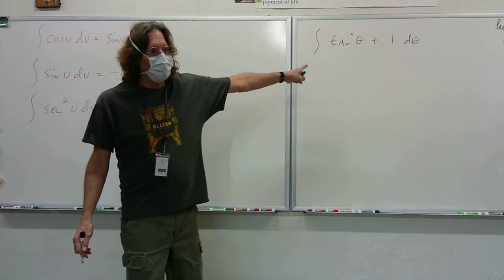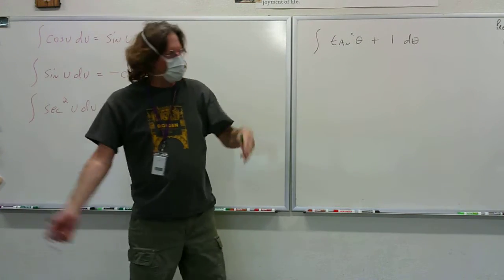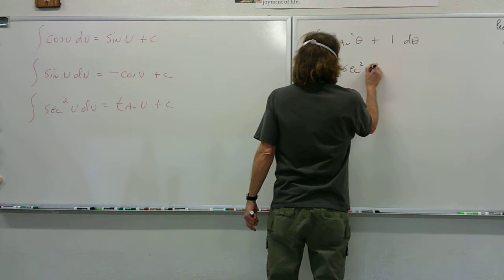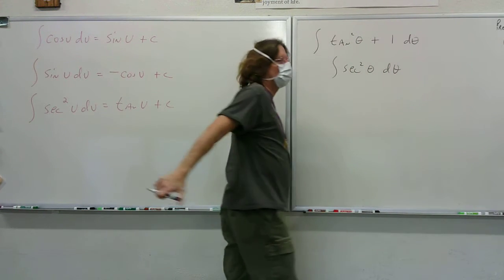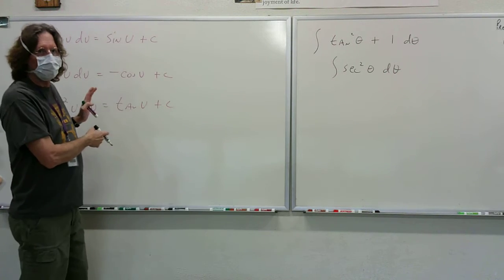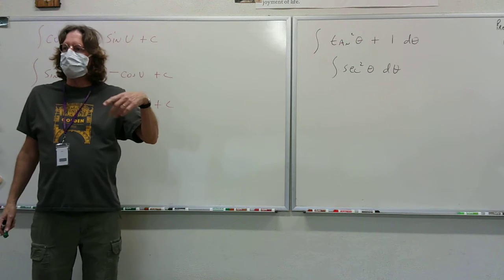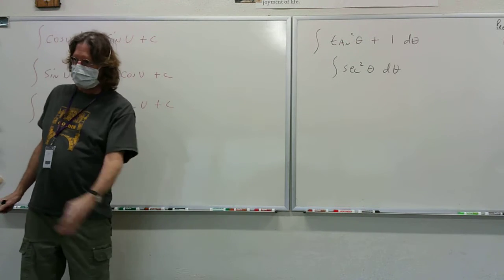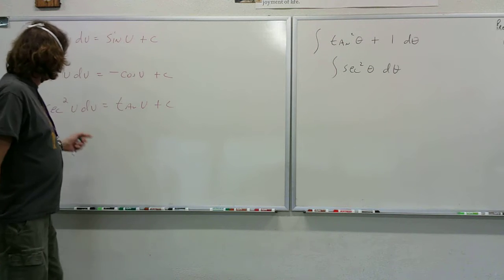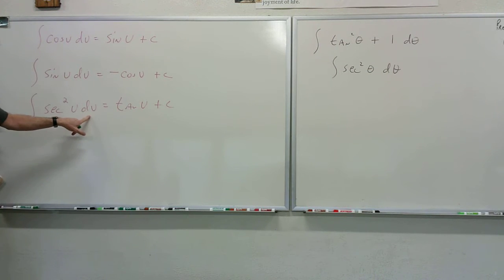Yeah, that equals what? Secant squared. So if you ever see any of these written to where you don't recognize it as one of the rules, start seeing if your identities can do what? Turn it into one of the rules. And then, of course, it's secant squared theta d theta.